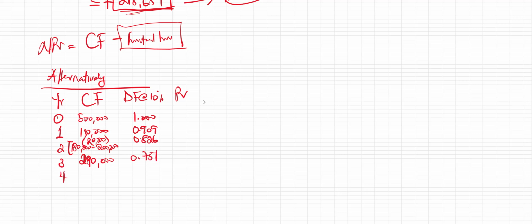Then year 4, that will be 285 at 0.683. And then year 5 will be the 300,000 at 0.621. So when we multiply all, you realize that you still end up with 218,651.